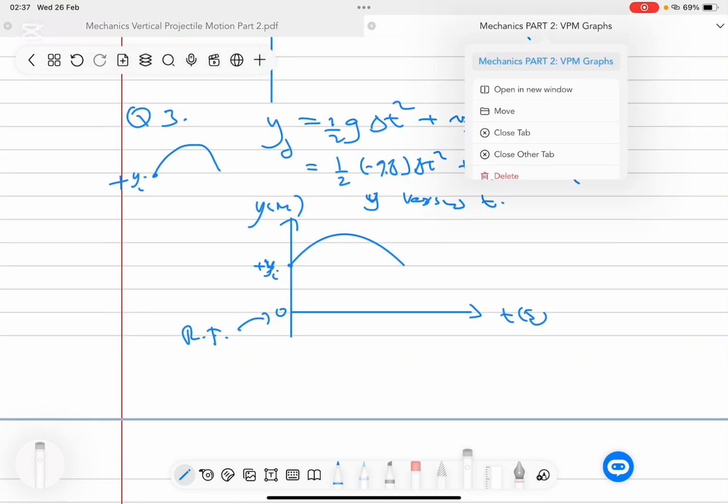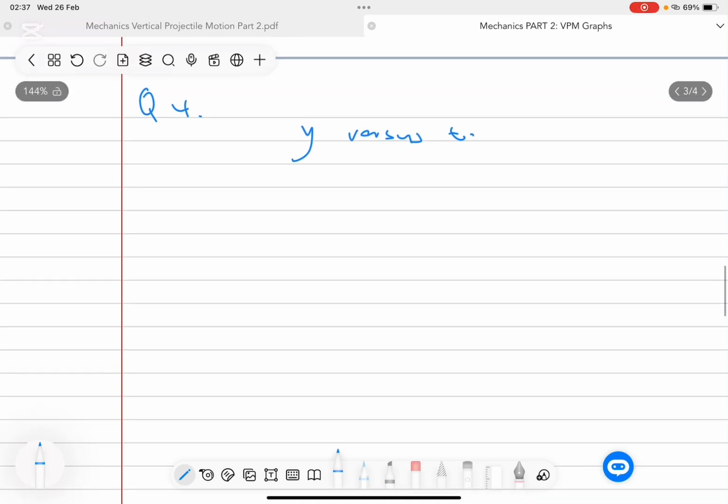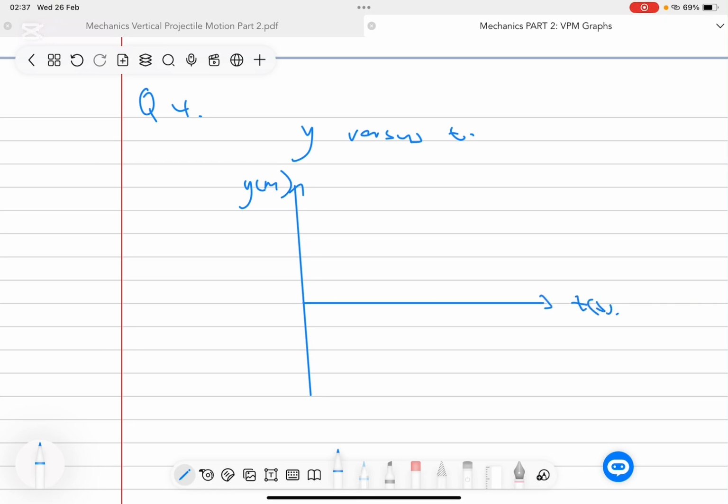So now if we draw this graph again using these two pieces of information, question 4, we can see that our position versus time graph will be drawn such that our y-axis will be represented by the position y measured in meters, and we are going to have the time here measured in seconds.